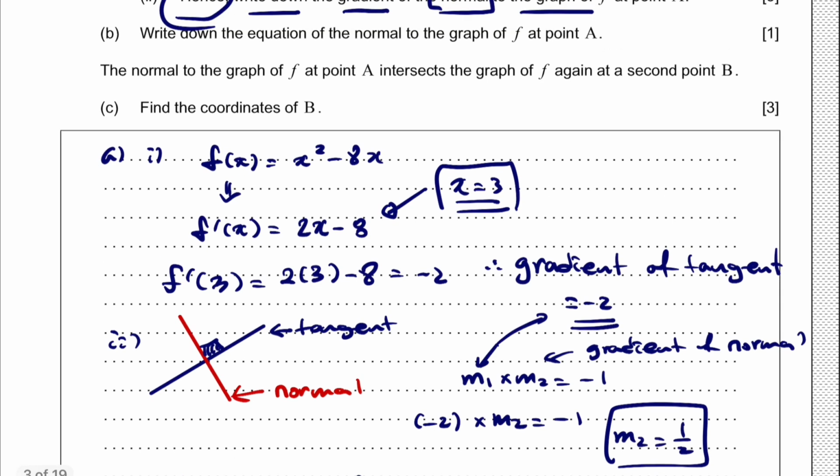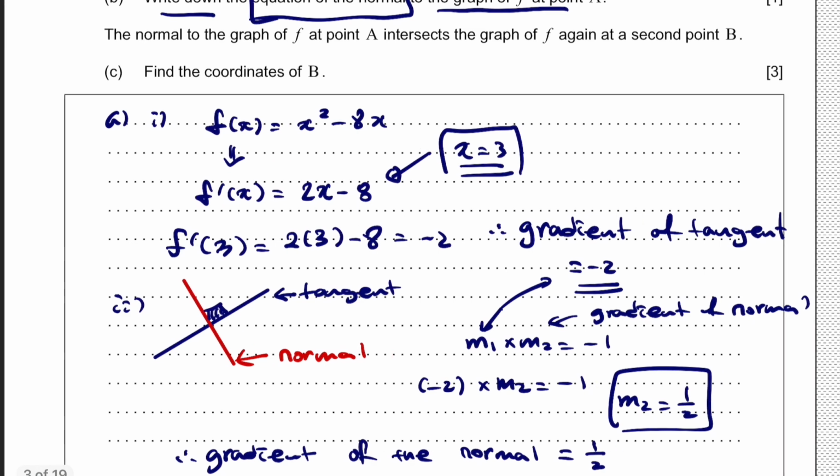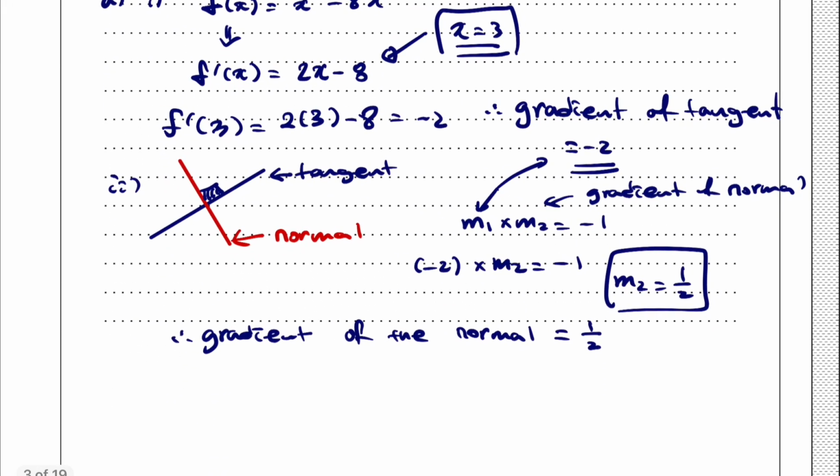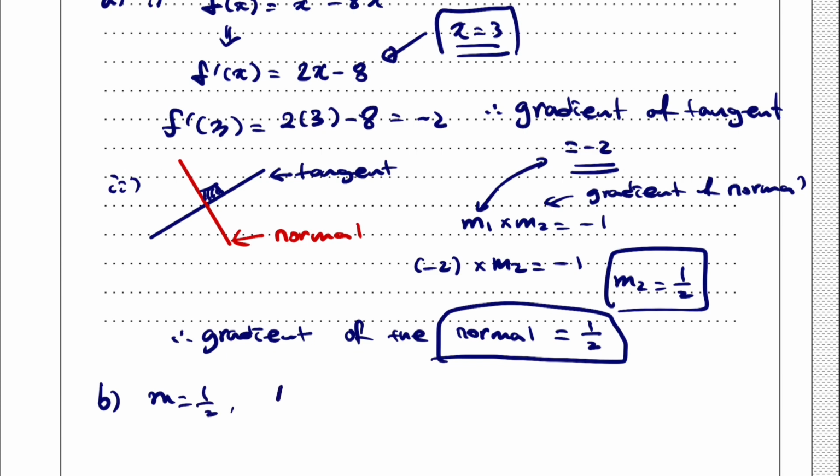Then question B, we need to write down the equation of the normal to the graph of f at point A. To identify the equation of the normal line, we use the normal line gradient, which is 1 over 2, and the point A, which is (3, negative 15). We use the linear equation form y minus y1 equals m times x minus x1.